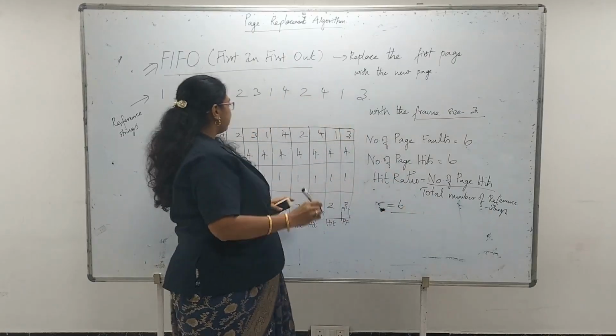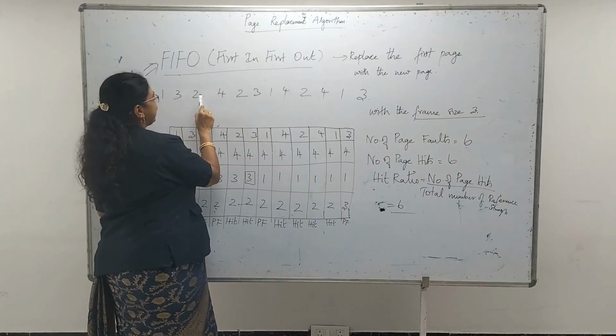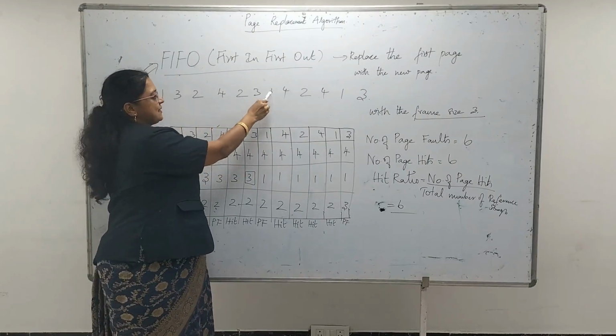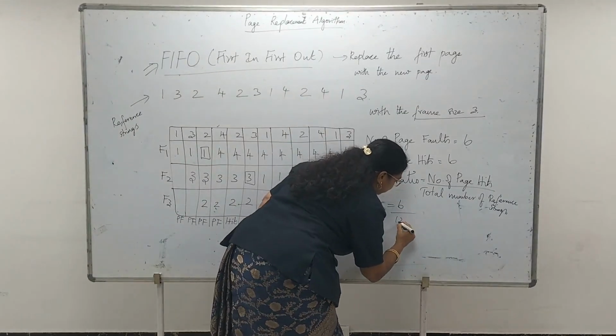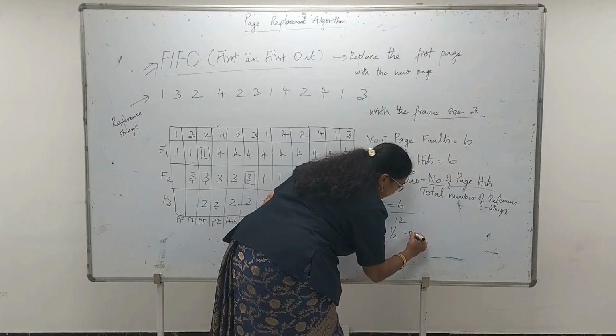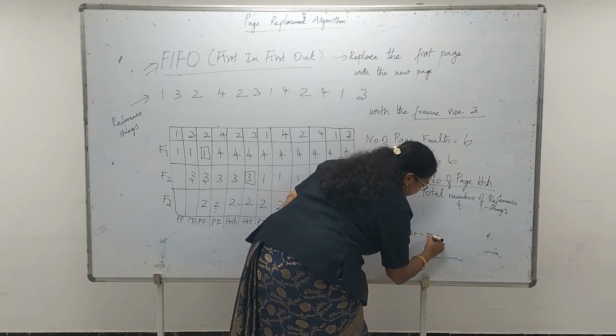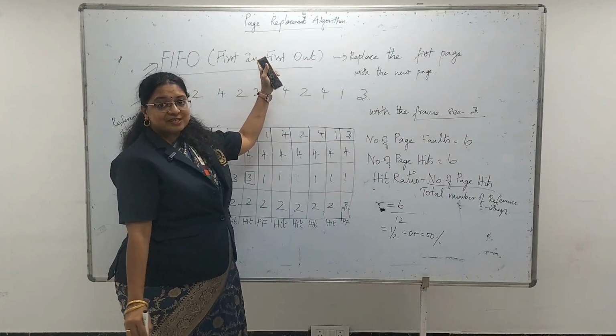You are going to count the total number of reference strings. Here this is our reference string, that is 1, 2, 3, 4, 5, 6, 7, 8, 9, 10, 11, 12. So 6 by 12, that is equal to 1 by 2, that is 0.5. Hit ratio is 50% for your first in, first out.